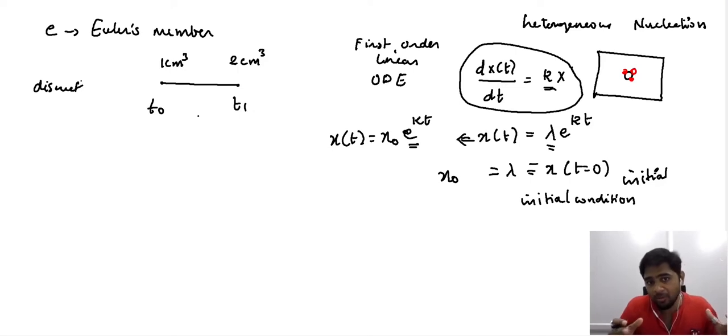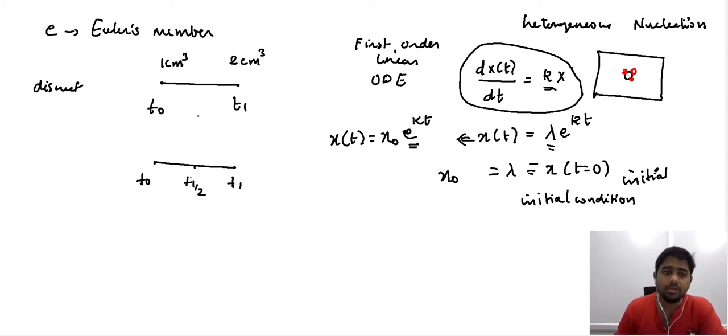One way of going about that would be considering a time step between t0 and t1. So if you consider a time step between t0 and t1, say t half, we can say that when the precipitate reaches t half, it has grown by half its original size. When the precipitate moves from t0 to t1, it is twice its original size.